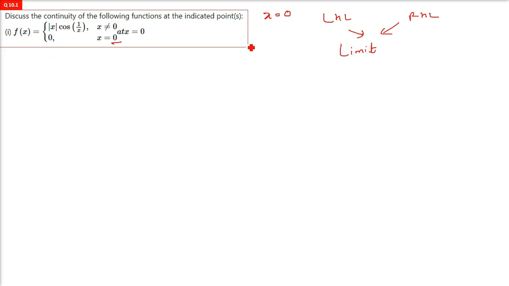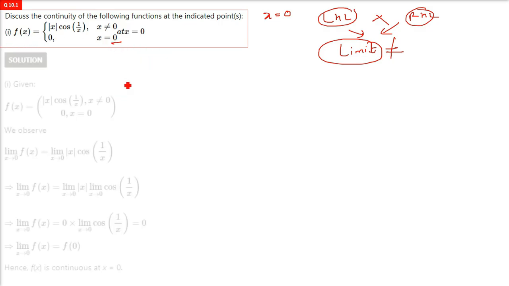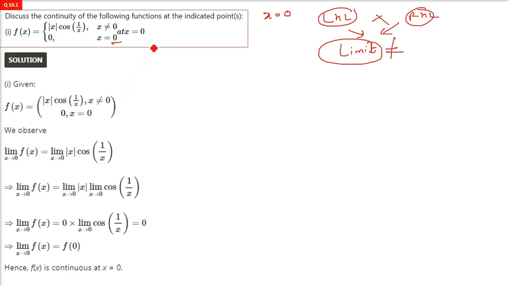All these things come with practice. When you do these questions a number of times, you will understand when we have to find the left hand limit and right hand limit and equate them, and then check whether it is equal to the value of f(x) at the indicated point at which we have to find the continuity or discontinuity.